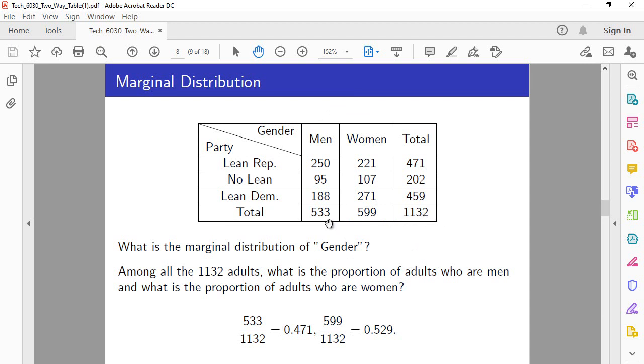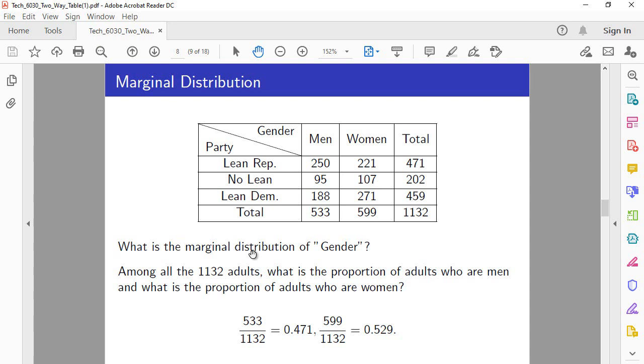Among all those adults, 533 of them were men, 599 of them were women, and 471 of them preferred the Republican Party. 202 of them did not lean toward either of the two parties. 459 of them preferred the Democratic Party.